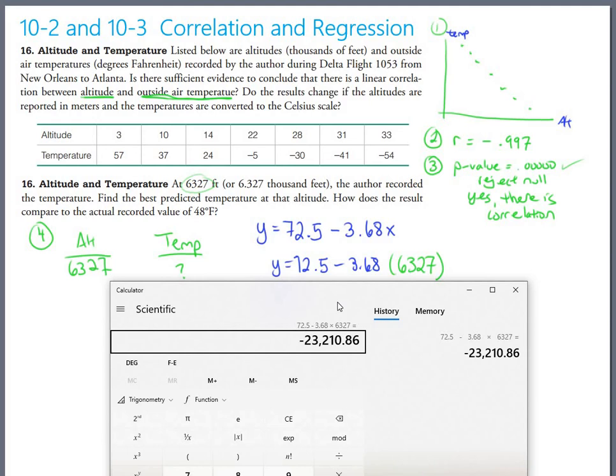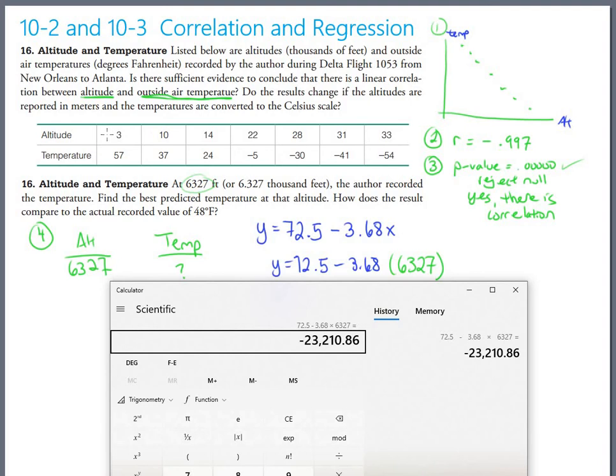That does not seem right. Why is that not right? Altitude. Oh, yeah. That does not seem right because I didn't read things carefully. So altitude here, they said altitudes are in thousands of feet.